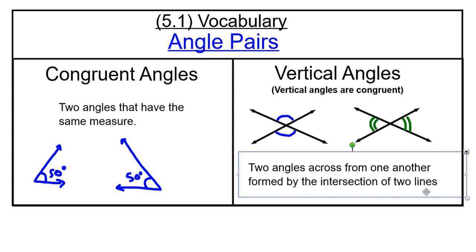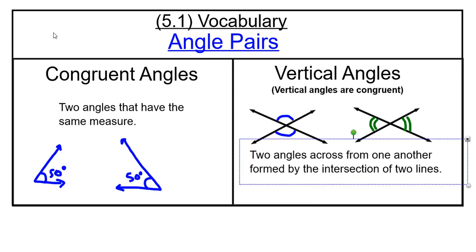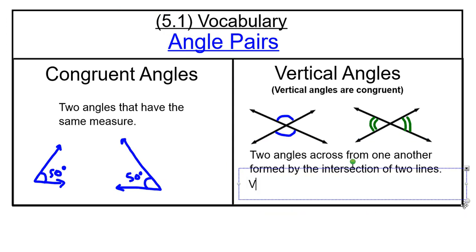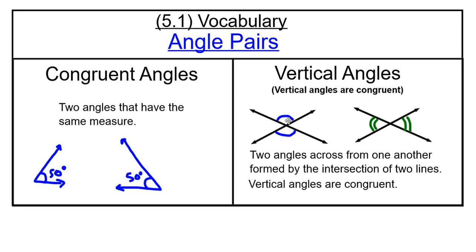And the other piece of vertical angles is that vertical angles are congruent. So let me add that to your notes here. Vertical angles are congruent. And again, congruent means that they have the same measure. So this angle is the same as that angle, the same measure. This angle is the same measure as this angle.